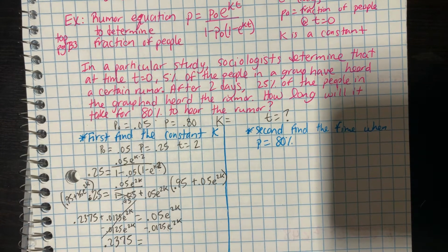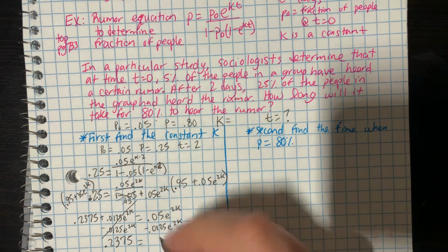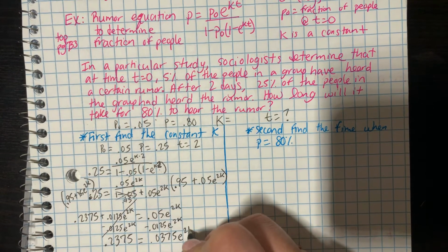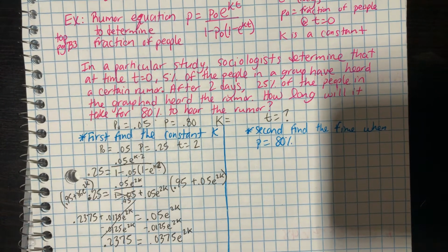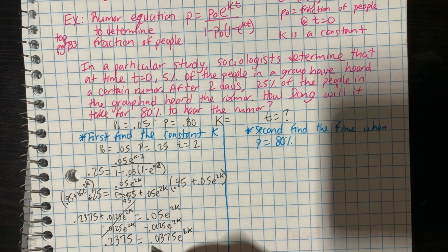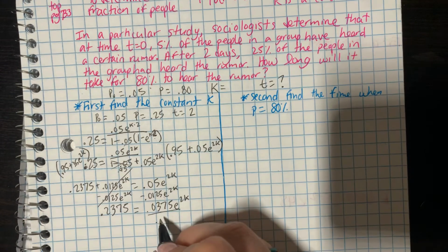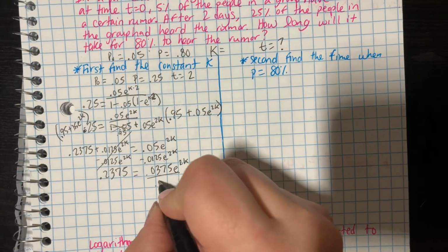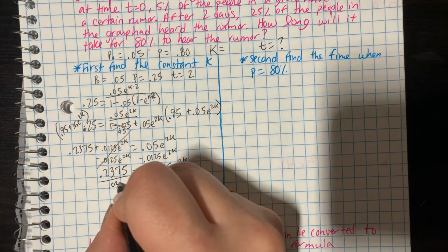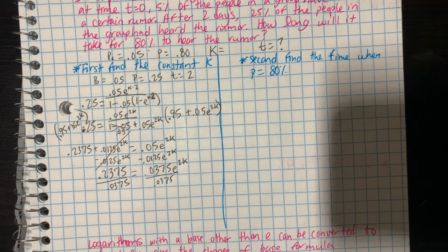So we need 0.05 minus 0.0125. So we'll have 0.0375 e to the 2k. Okay, let's get e to the 2k by itself. So far we've only really done a little bit of complicated algebra.